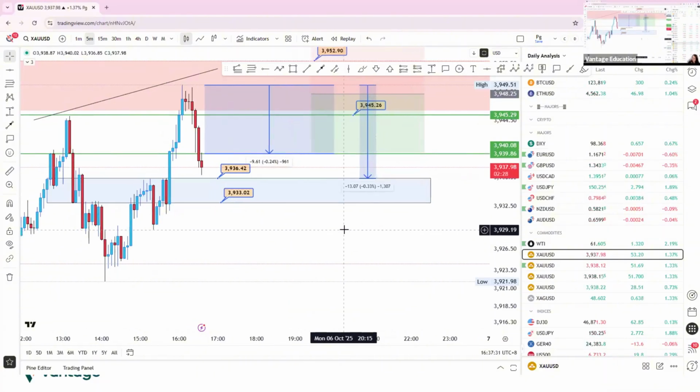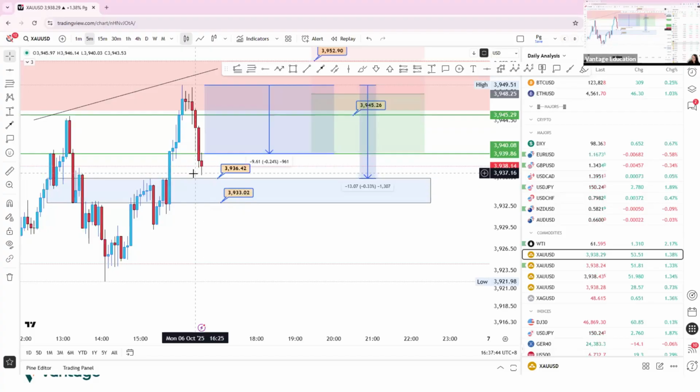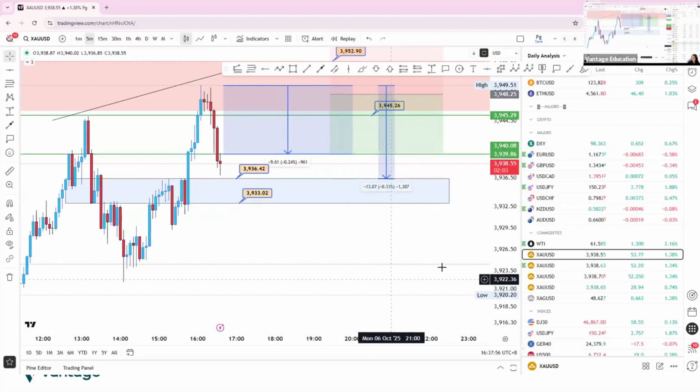So TP1 almost hits TP2 by just less than 10 pip. Our TP2 is 36.50, all the way to 36.96. So it's less than 10 pip to hit our TP2 at this level. Okay, now it's bouncing off.